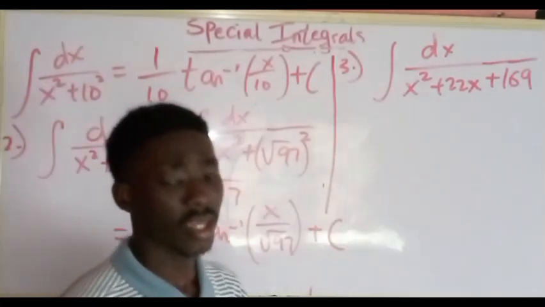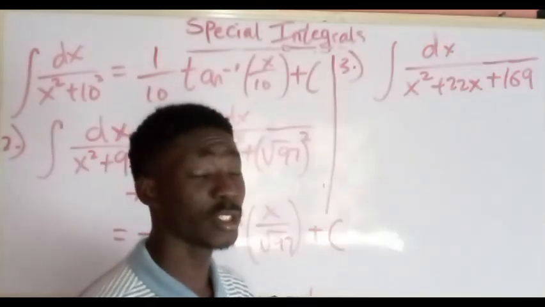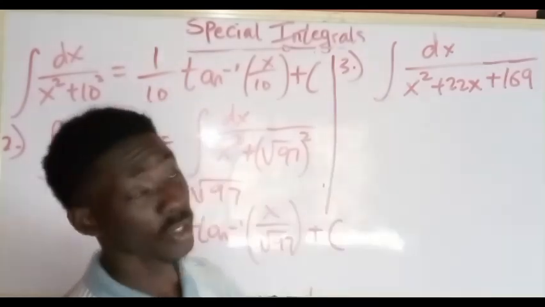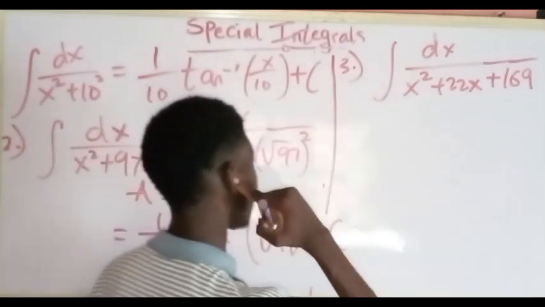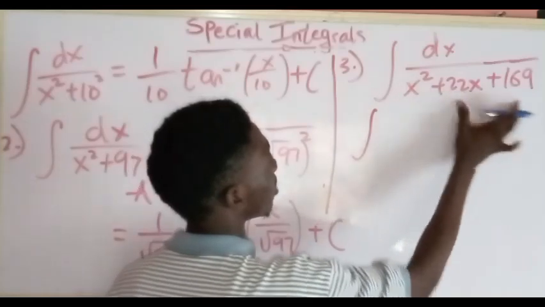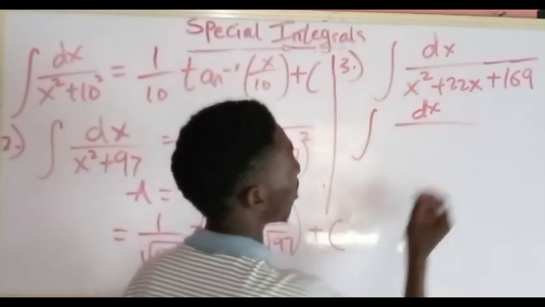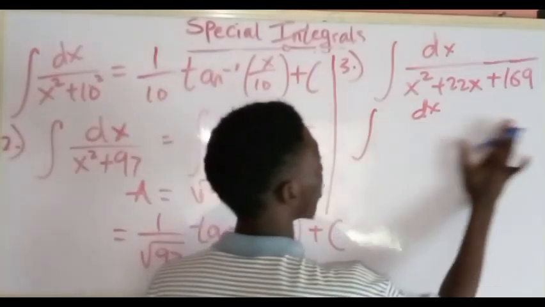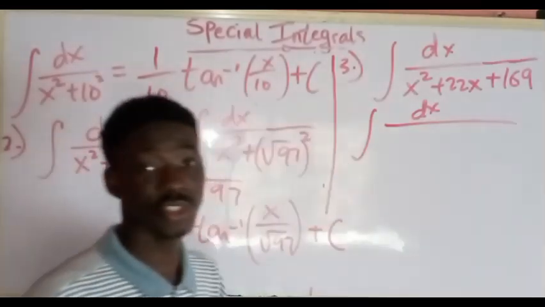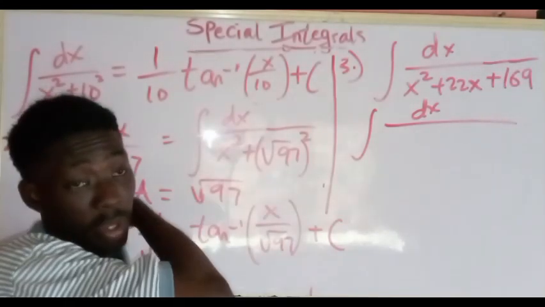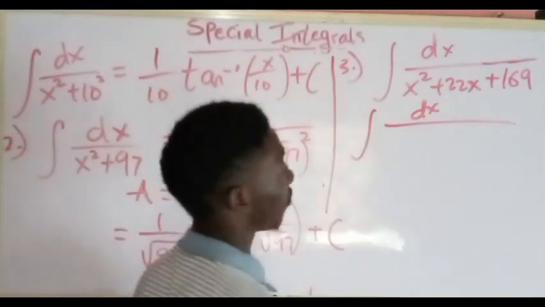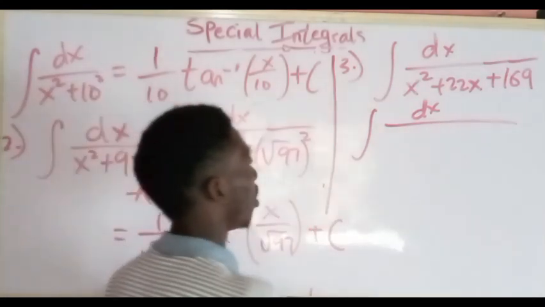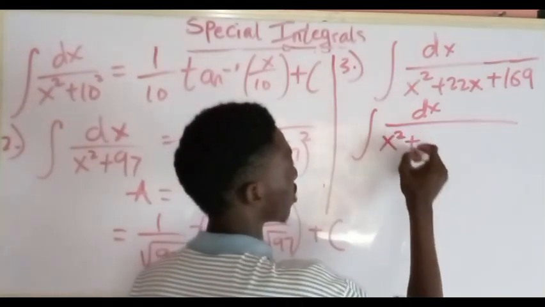Whenever you have a quadratic, you make sure you turn it into a perfect square and a certain remainder. So in this case, I have to treat this as the perfect square, and there will be a remainder left, depending on whether the quadratic expression is a perfect square expression. In this case, from observation, I know this is not a perfect square expression, but I'll try to make it a perfect square.